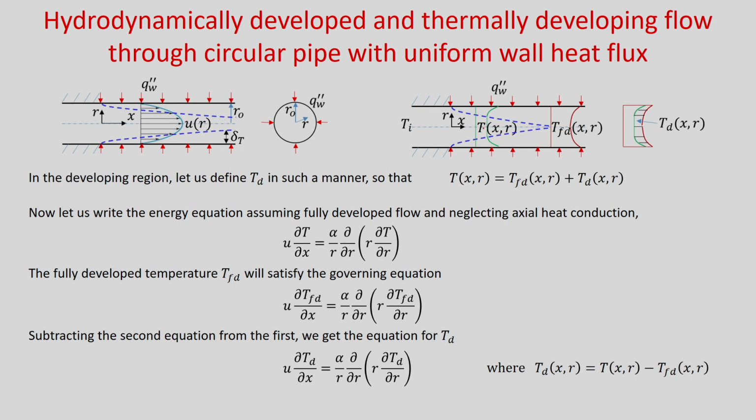Now, in the thermally developing region, you can see your thermal boundary layer thickness is growing, okay. So, it is your thermally developing region. The temperature profile, let us say T(x, r), which is a function of x and r, we need to find for the thermally developing region, but this T is valid for both the thermally developing region as well as the thermally developed region, okay.